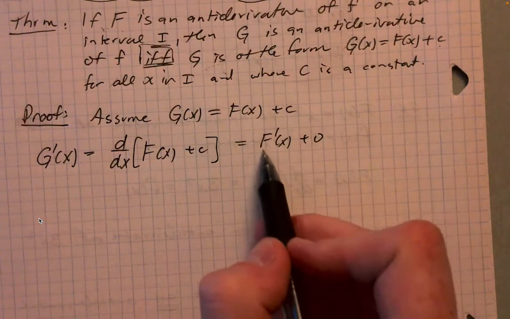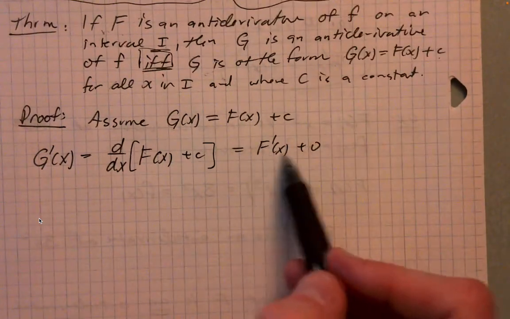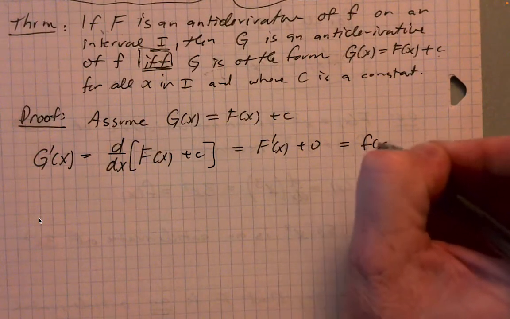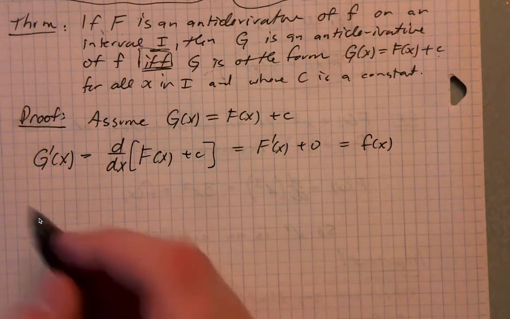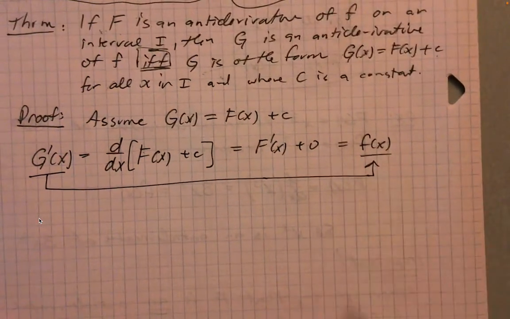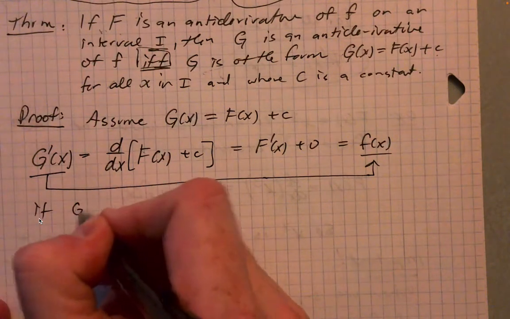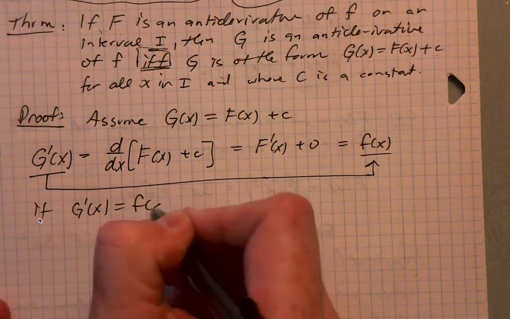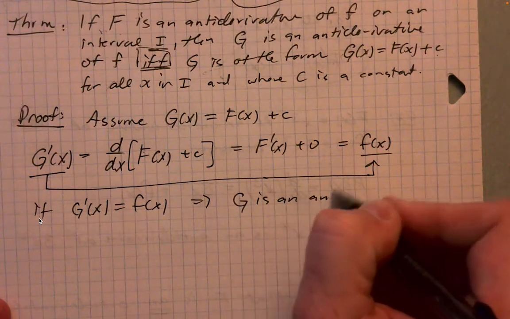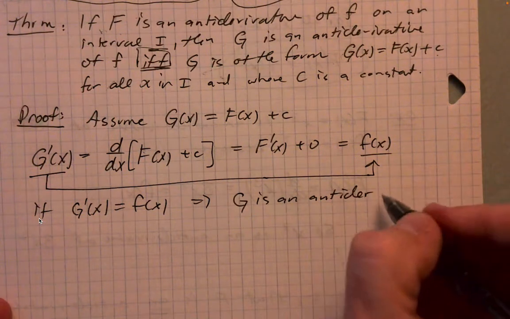And we know that F is an antiderivative, so the derivative of big F of x is equal to little f of x. So obviously g prime of x is equal to f of x, and so if g prime of x equals little f of x, then g is an antiderivative. Okay, so we're done in that direction.